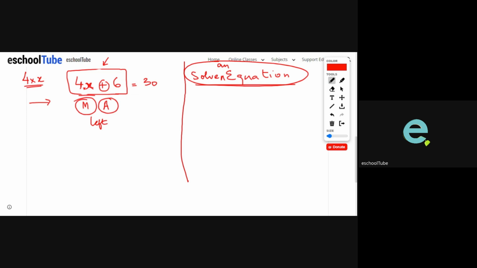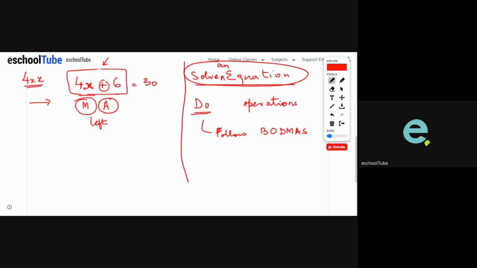Now, what you have to keep in mind is that whenever you do operations, or if there is more than one operation, you follow a rule which is abbreviated as BODMAS.